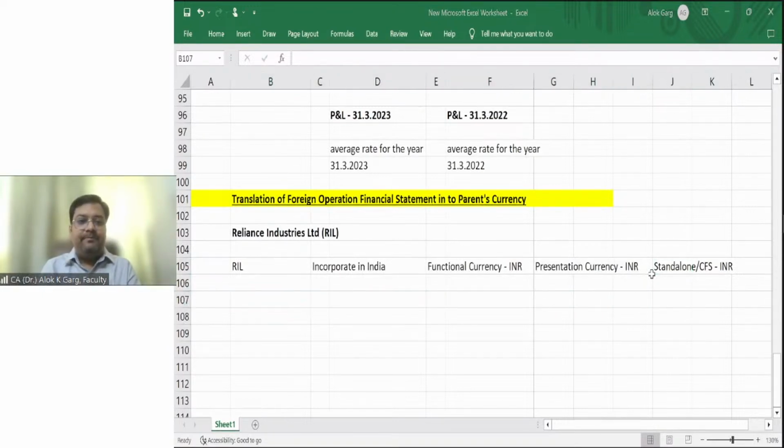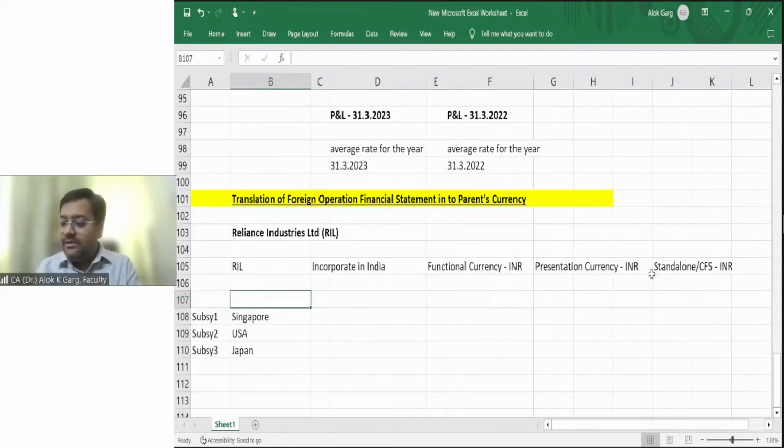For example, Reliance has three subsidiaries: Subsidiary 1, Subsidiary 2 and Subsidiary 3. Subsidiary one is in Singapore, second is in US, and third is in Japan.